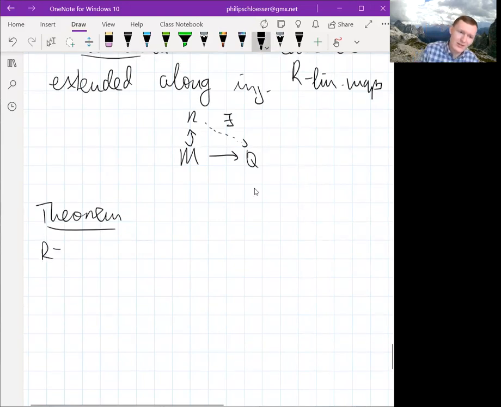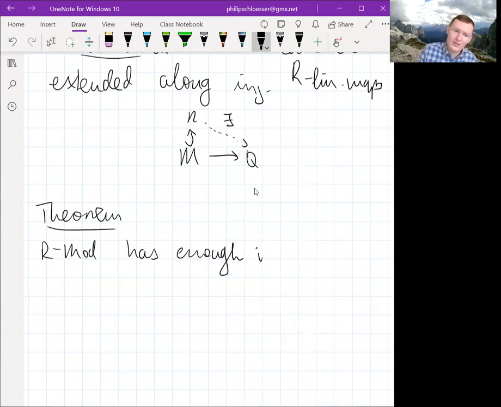So we say the category of R modules has enough injectives and projectives.